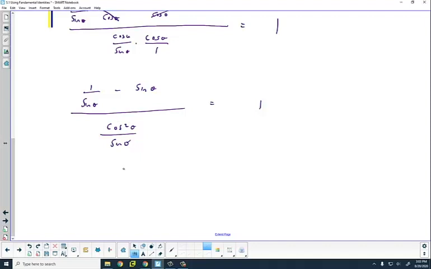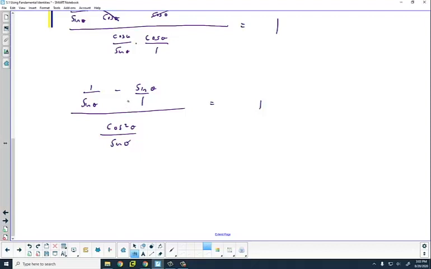Okay, so let's see what we can do here. In our numerator, there's a few ways we can progress from here. One thing you can do is make common denominators in your numerator and keep going from there.